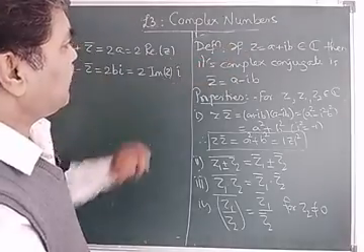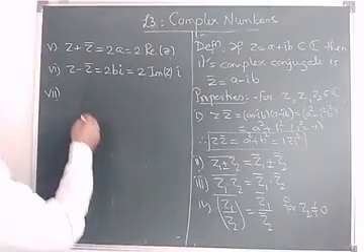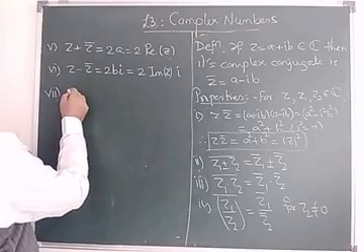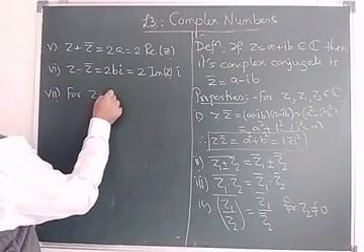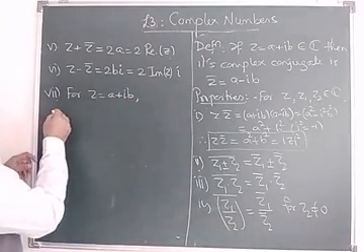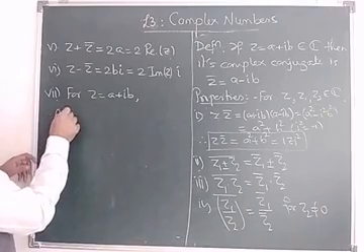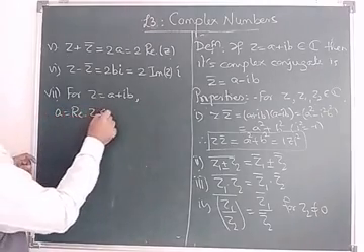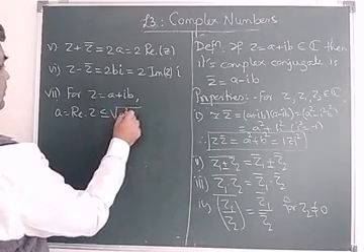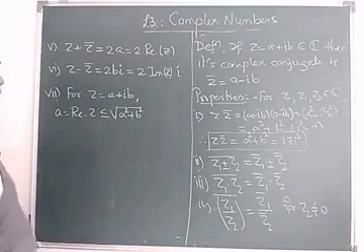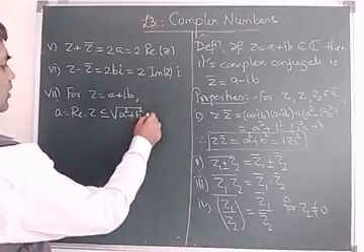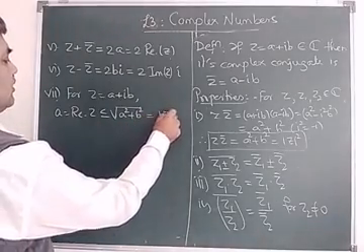For complex number z equal to a plus ib, the real part of z, a, is less than or equal to under root of a square plus b square, which is nothing but modulus of z.